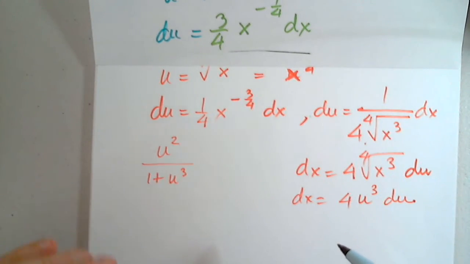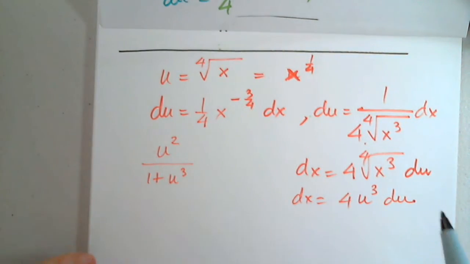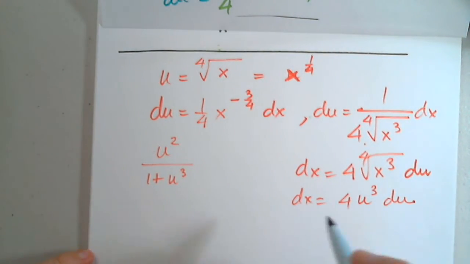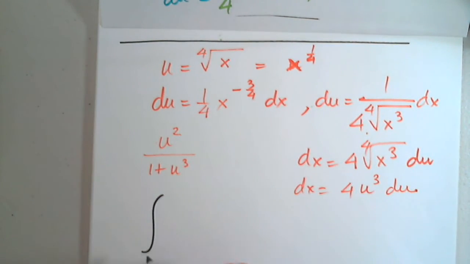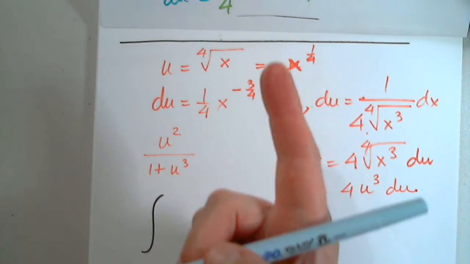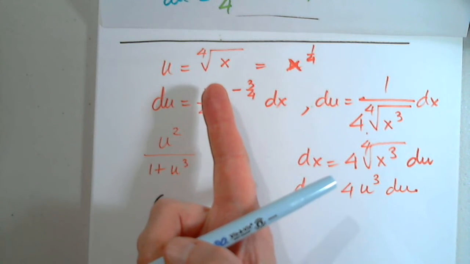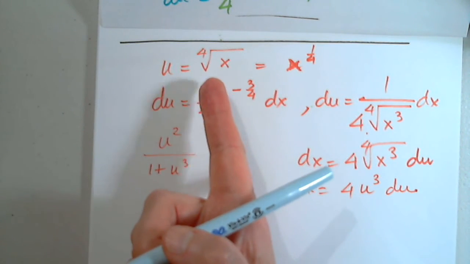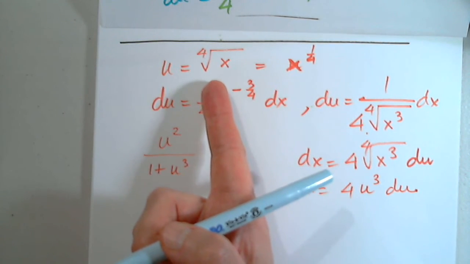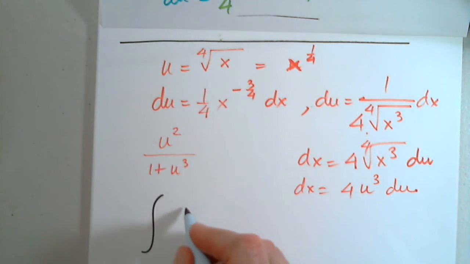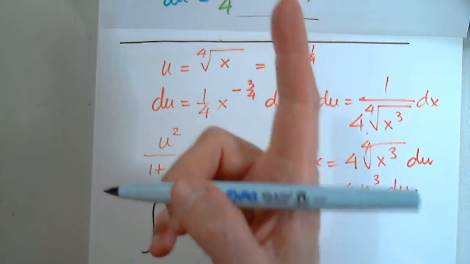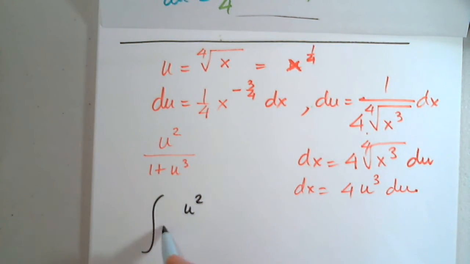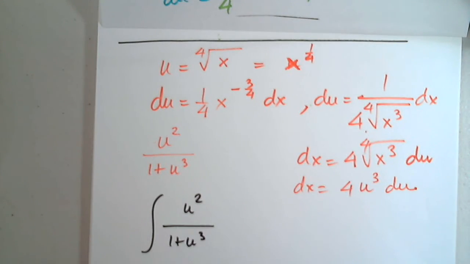This problem should not be here, but we'll finish it up. I ran out of time, but this function will be changed like this. The integral from x to 1/2 is this squared, because if you square this, you get the square root of x. So this will be u squared. The denominator is what I just said, 1 plus u cubed.